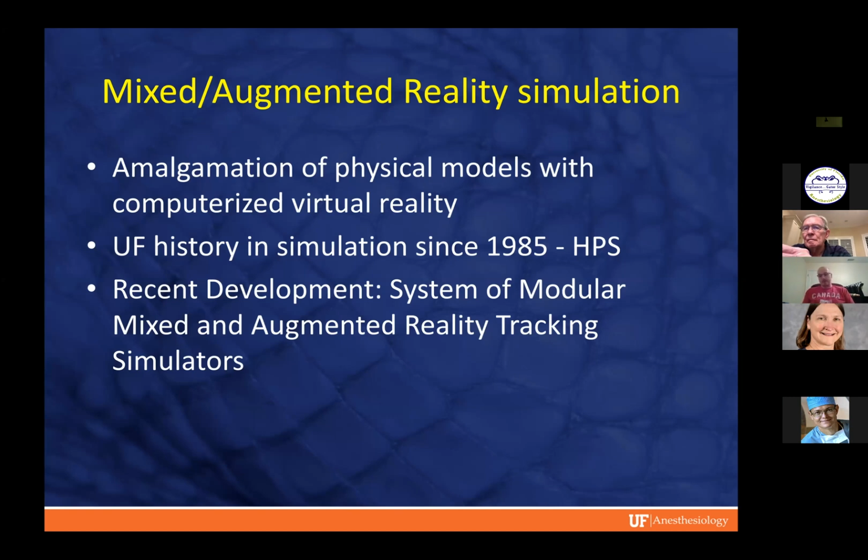Through some sort of display, whether that's a computer screen or a head-mounted display or a cell phone screen, we can marry these two pieces of information and have them interact or not interact, depending on how the programming is built.